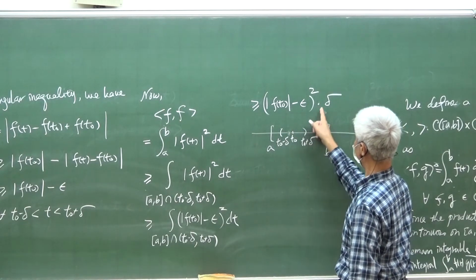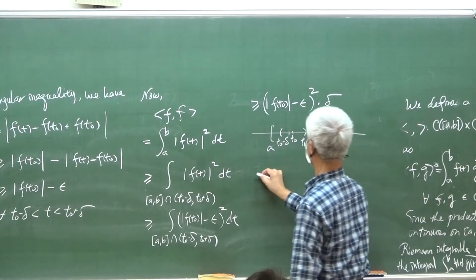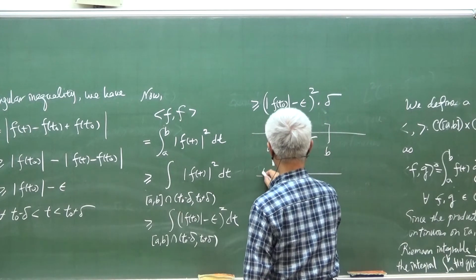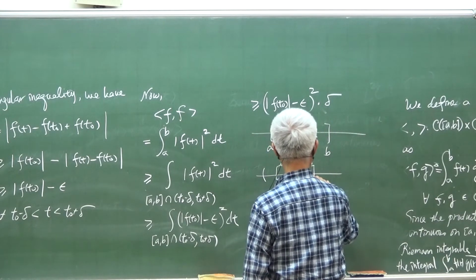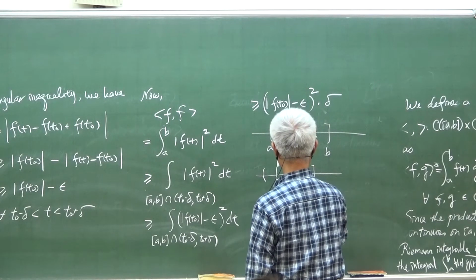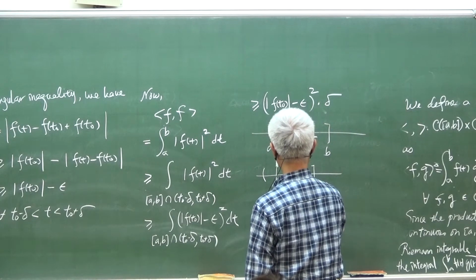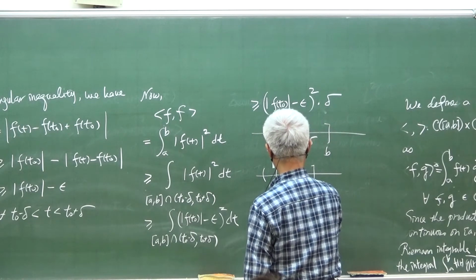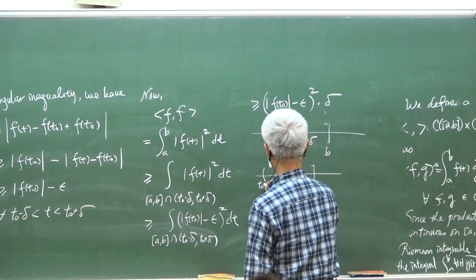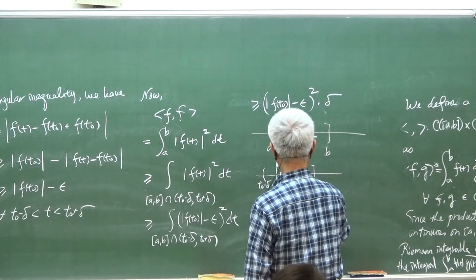But anyway, this is a lower bound. Or you may have [a, b] with t0, t0 minus delta, t0 plus delta placed differently.